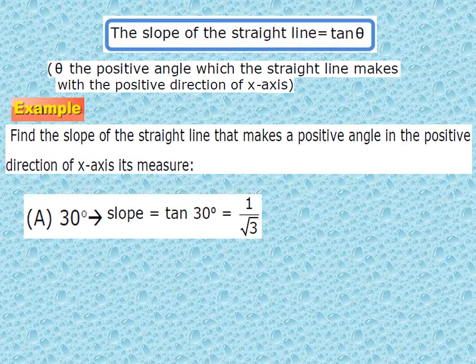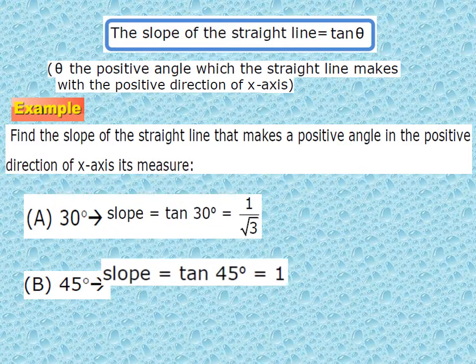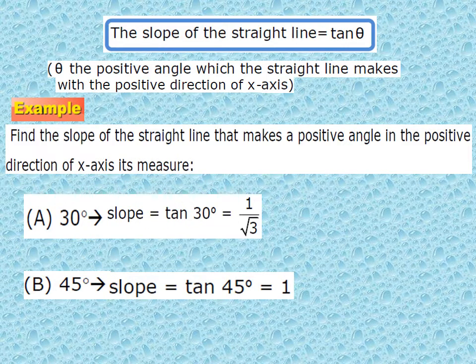Slope equals tan 30 degrees equals 1 over root 3, or root 3 over 3 in simplest form. B, 45 degrees. Slope equals tan 45 degrees equals 1.